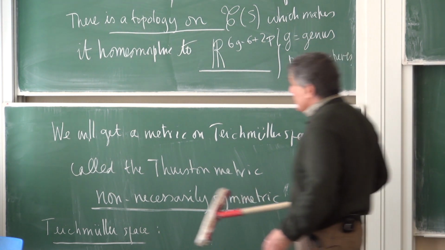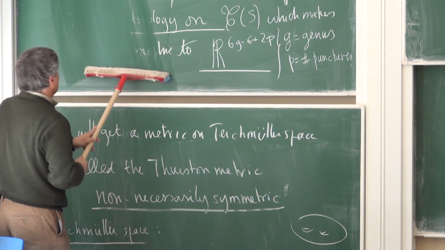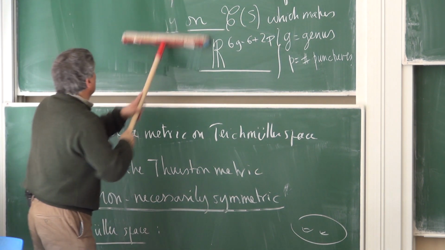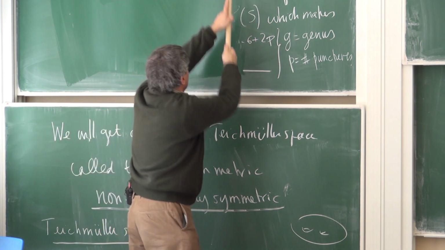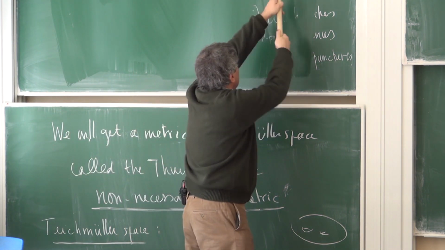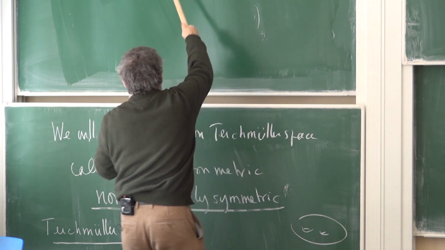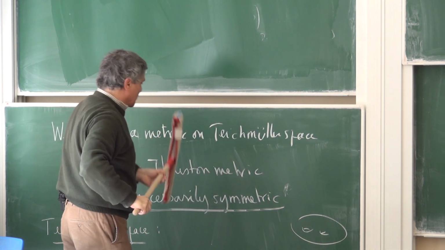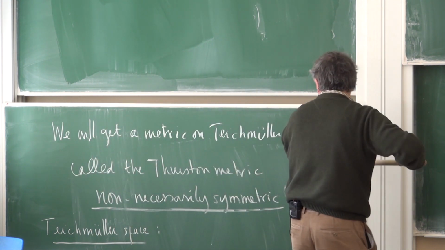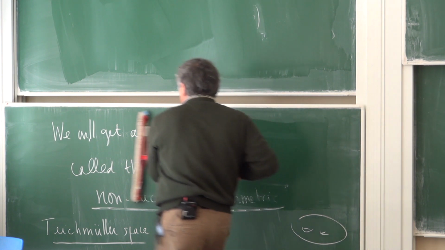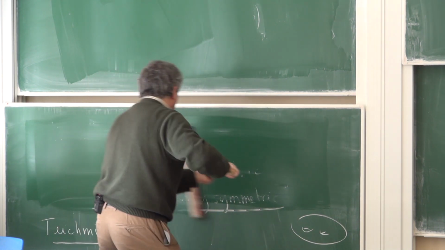We have this metric, and I want to. So the basic technical tool, in fact, which will come several times, is a Lipschitz map from one ideal triangle to another ideal triangle.